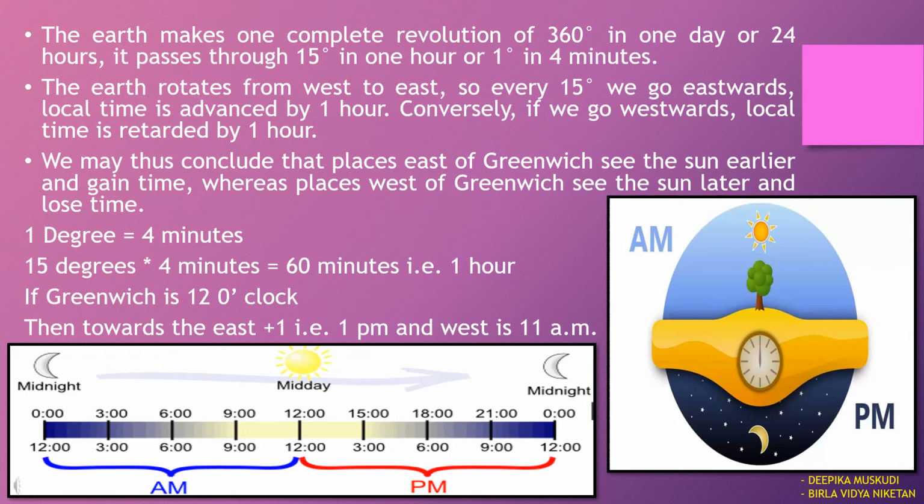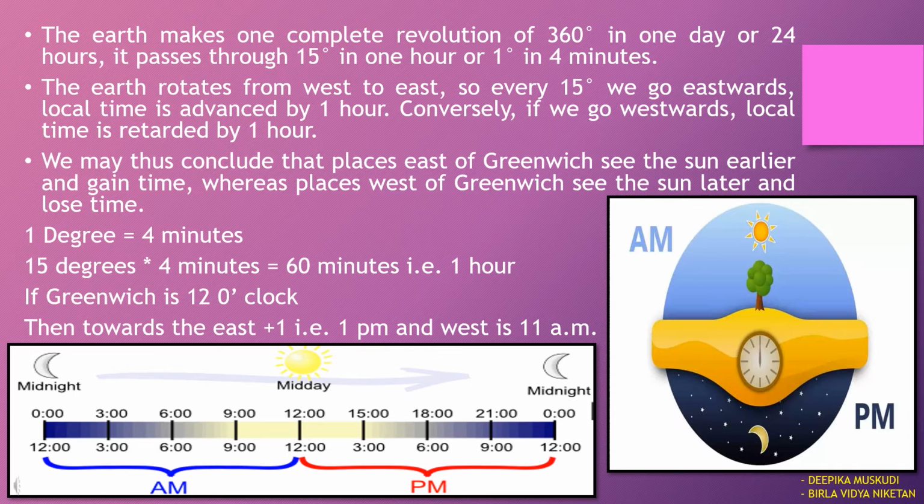If the time at Greenwich is 12 o'clock, then towards the east there is a gain in time of 1 hour. Then the time is 1 p.m. and towards the west there is a decrease of 1 hour. The time is 11 a.m.